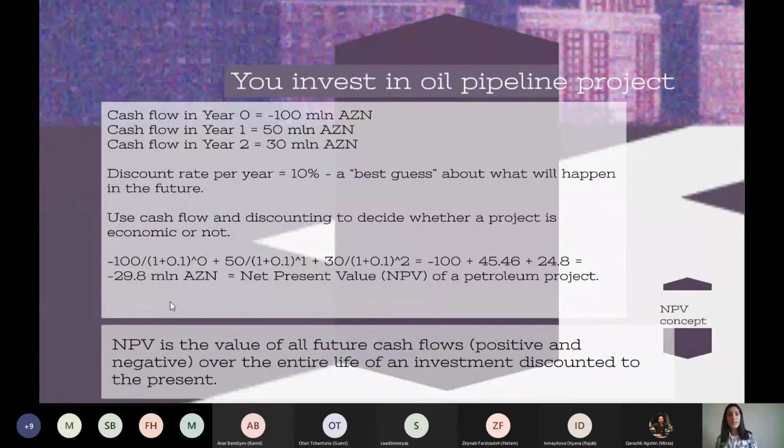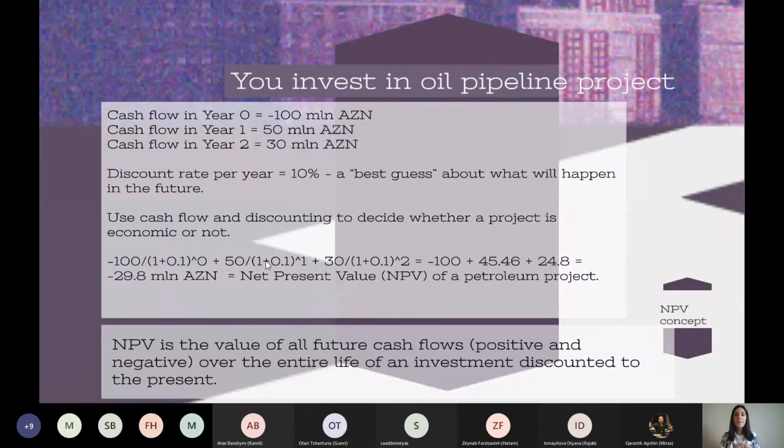Net present value means that you have to find present value of all future cash flows, and then you have to sum them up. So we found all present values. We have 3 years, basically 2 years, we found it. And it will be minus 30 million manats, and this is net present value.